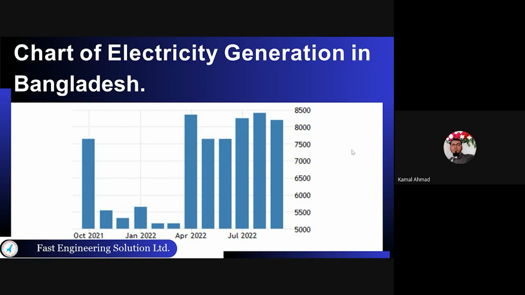At that time, the Ukraine and Russia war started, which caused natural gas and crude oil prices to increase. After this, the government became very cautious about energy conservation in Bangladesh, and they emphasized many kinds of regulation for this purpose.